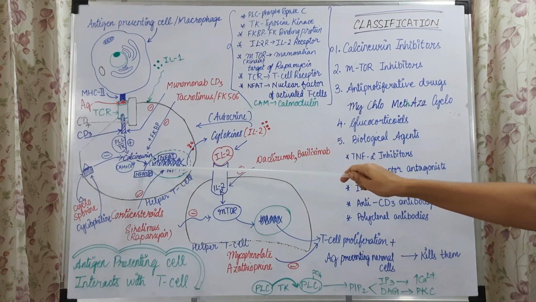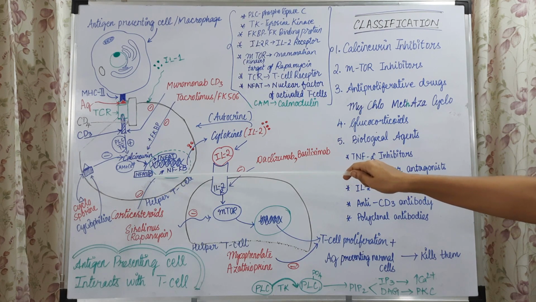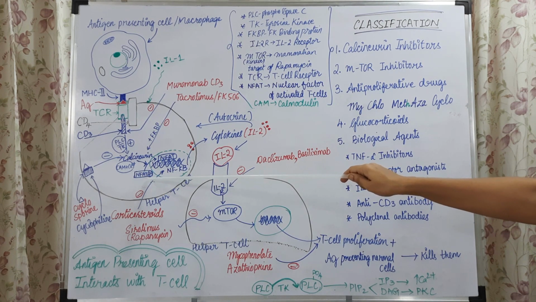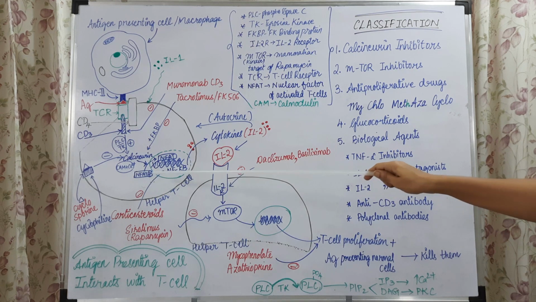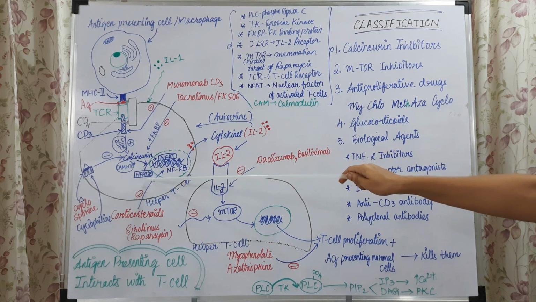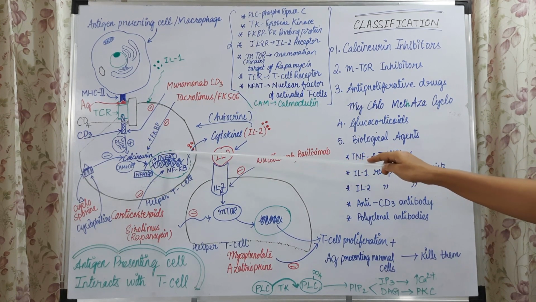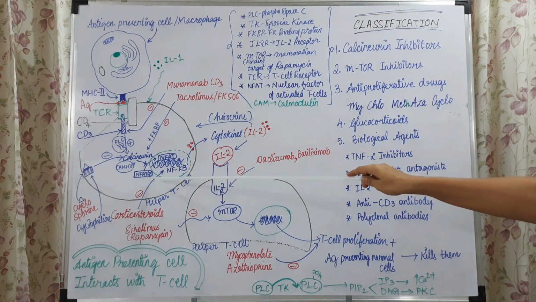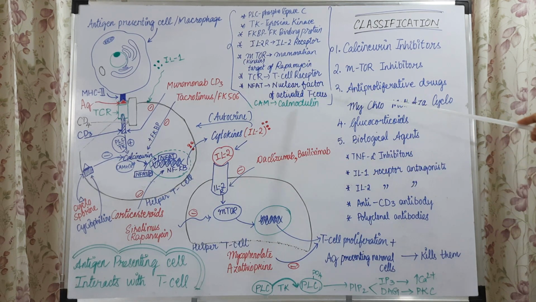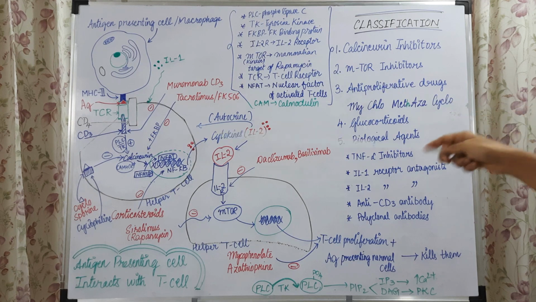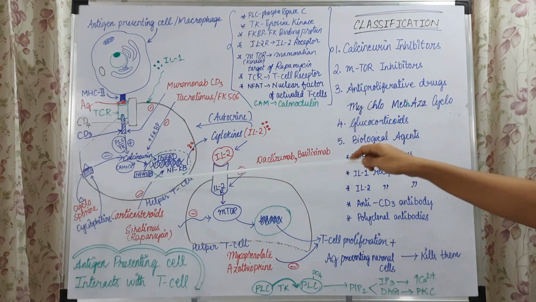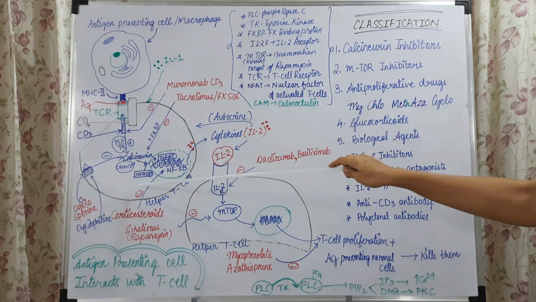So it further goes and interacts with the NFAT, which is already having a phosphate. So the phosphorylated NFAT will turn into a non-phosphorylated form. NFAT here is nothing but nuclear factor of activated T cells. So this activated T cell will be having this NFAT.